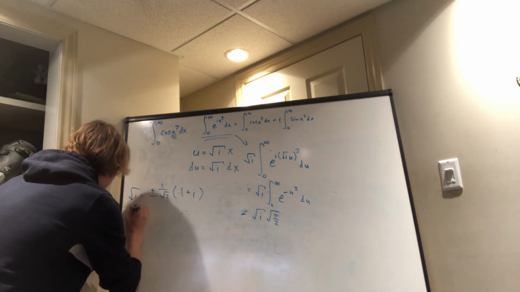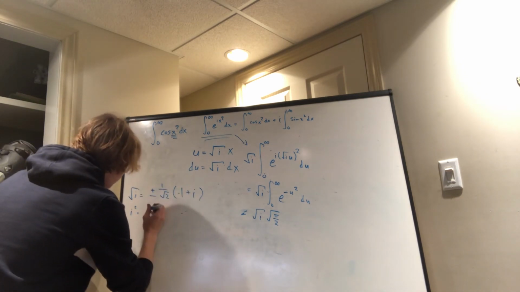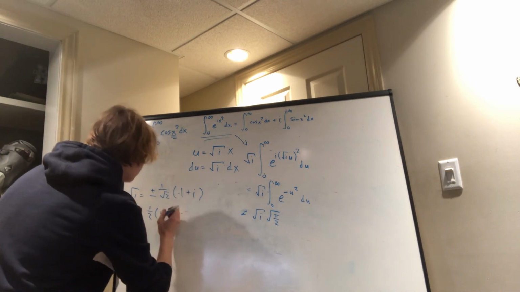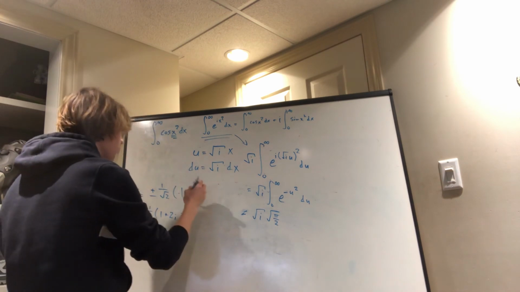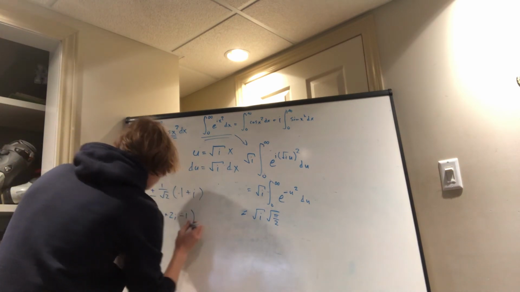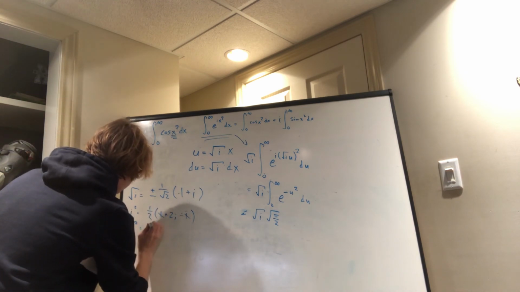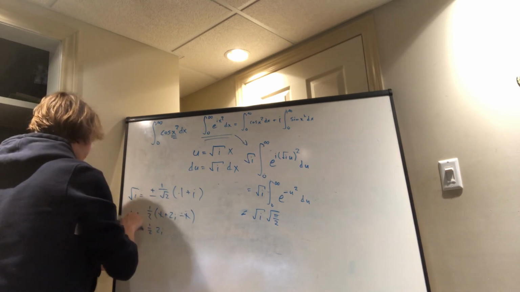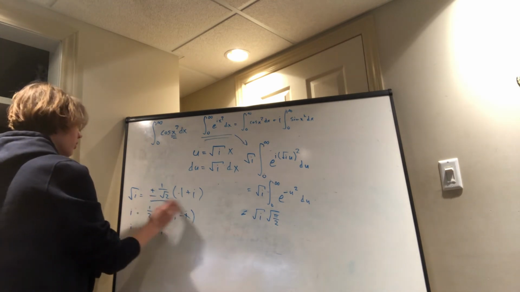So i equals, square this, 1 over 2 times, let's FOIL this, 1 squared is 1, plus 2i, and i squared is minus 1. So these will cancel out. i equals 1 over 2 times 2i, so i equals i. So this is the square root of i.